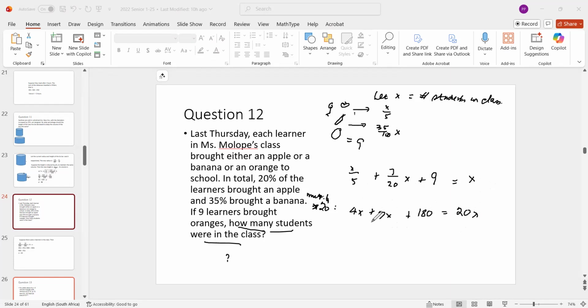So you have 11x here, plus 180. Bring all the x's to one side. 20x minus 11x is 9x. Oh, that's a nice answer. 9x is 180, so x must be 20. This is equal to the number of learners in the class.